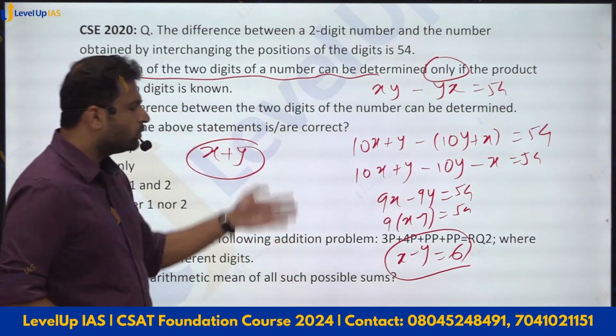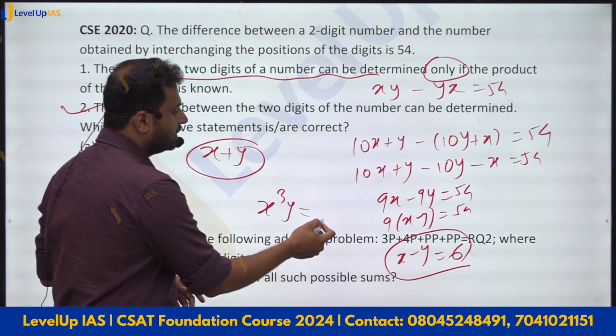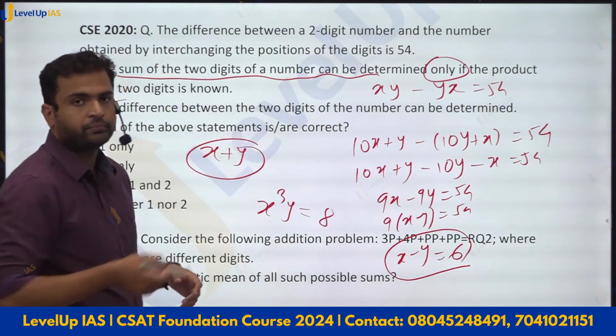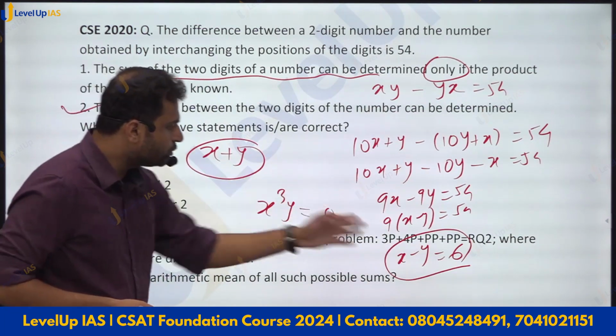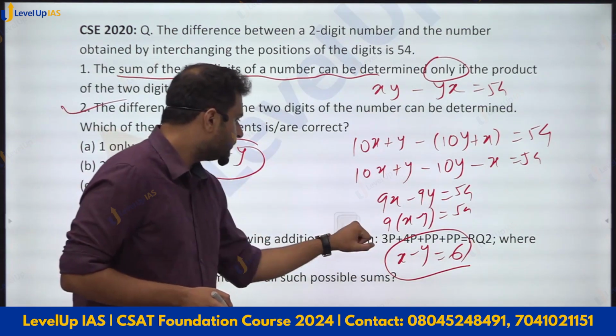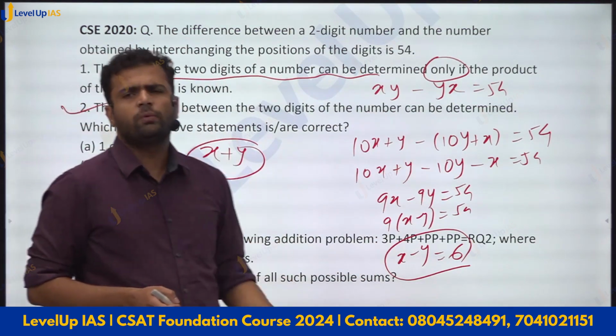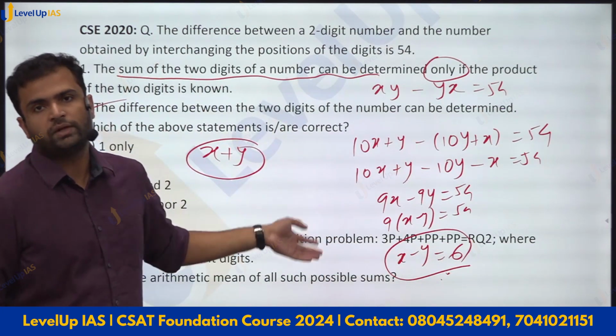Yes. So any equation like x cube into y is equal to, let us say, 8. This is also an equation which is different from this. Using these 2 equations also I can find out x and y, and therefore x plus y. So any equation that is different from this equation can help me get values of x and y, and thus x plus y.